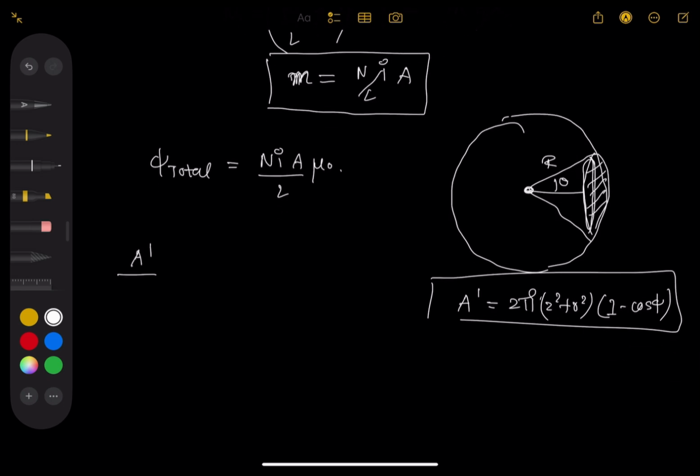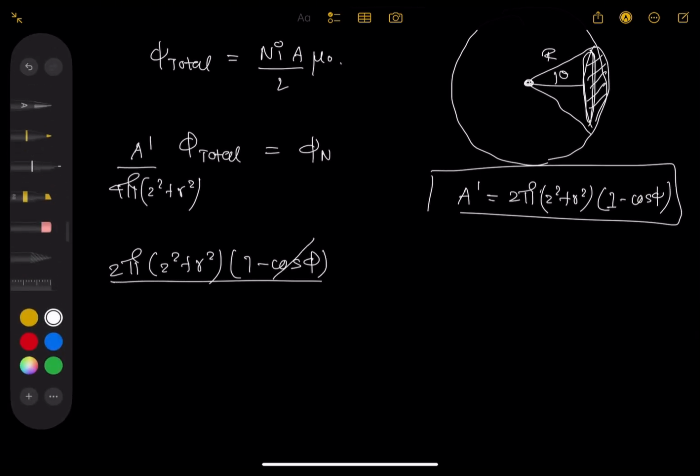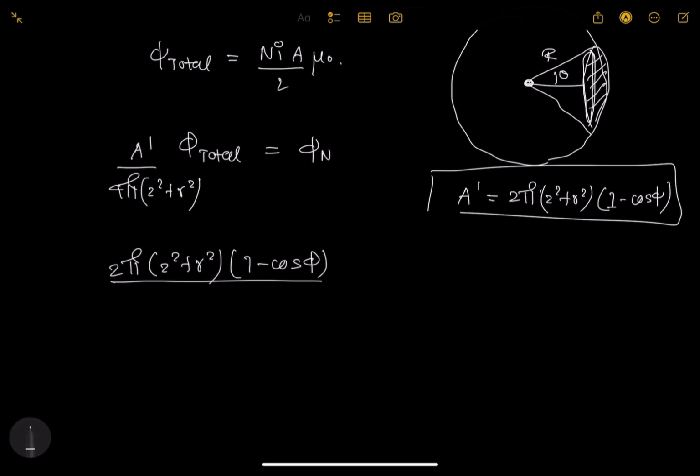So A dash over 4 pi times z squared plus r squared, times the total flux, is the flux due to the North Pole. That is what we wrote initially as well. Let's simplify that. Z squared plus r squared, 1 minus cosine of phi. We'll write the expression for cosine of phi as well. We don't need to worry about that.